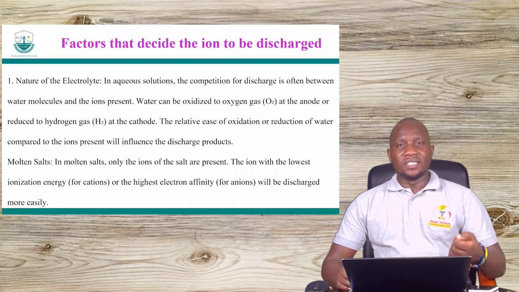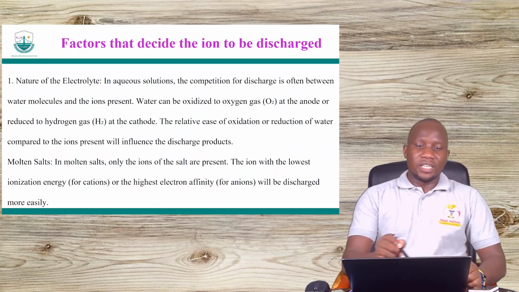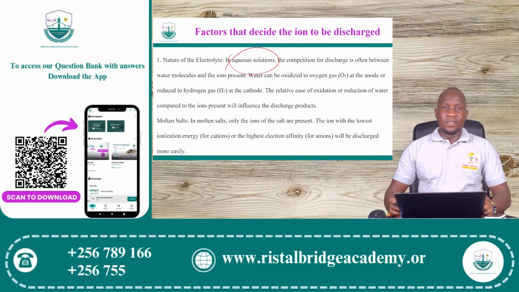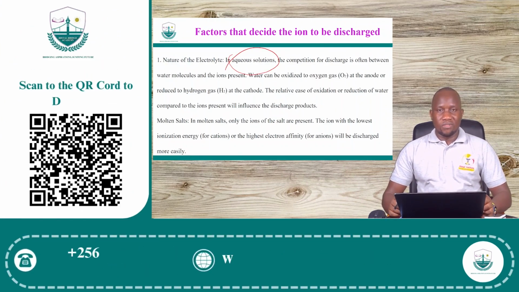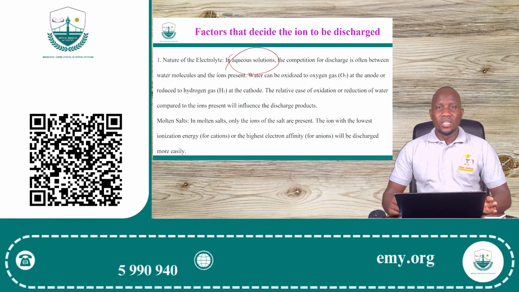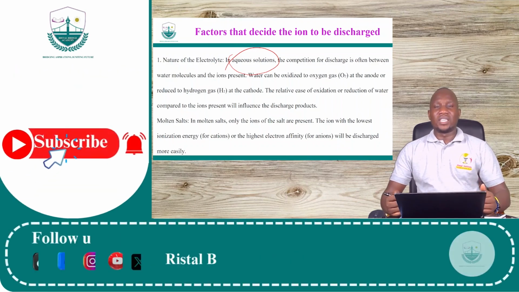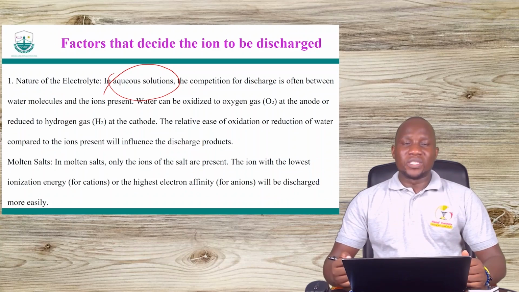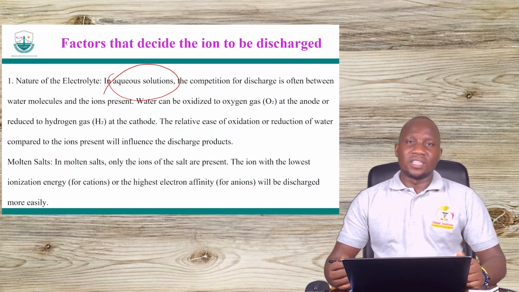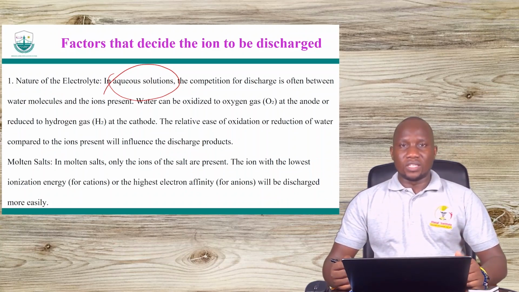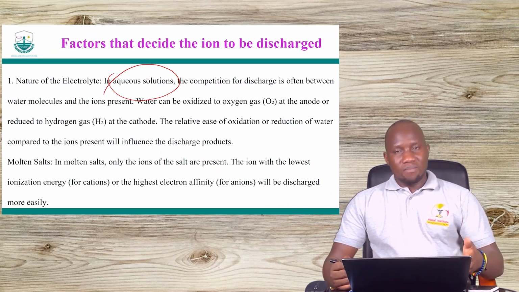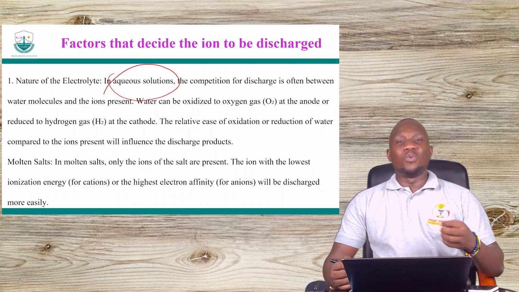The first thing is to first understand the nature of the electrolyte. Like I've just said, if the electrolyte is in aqueous solution, it means that you have water in there, and the water will give you the hydrogen ions and the hydroxyl ions. And those ions you add on top of the ions that are coming from the electrolyte or the salt in this case. Okay, so that means that the competition will always be there.